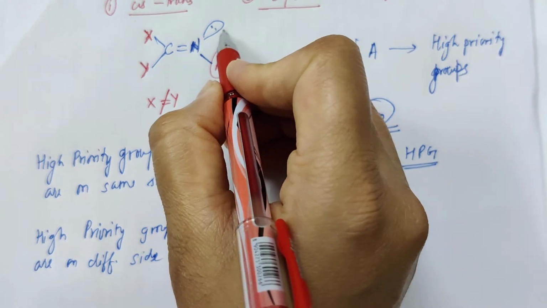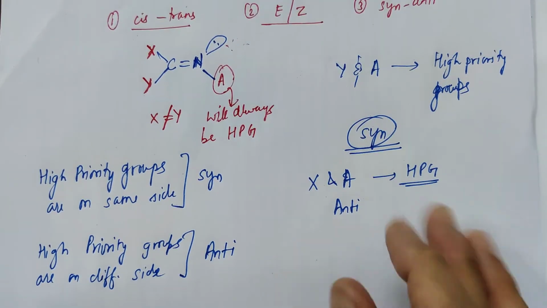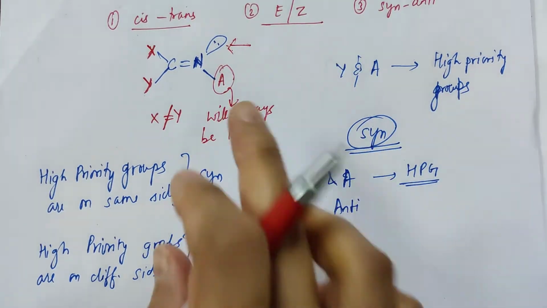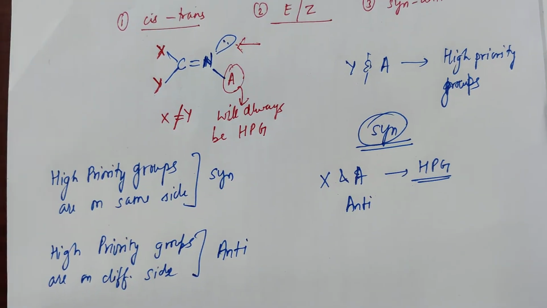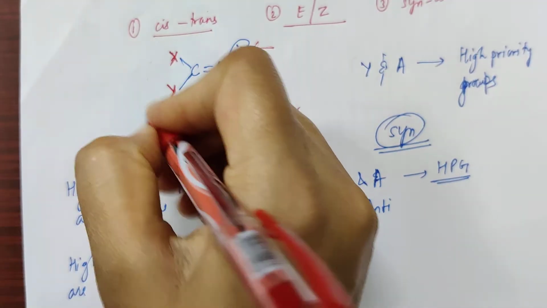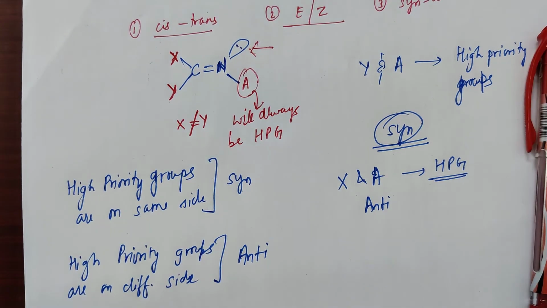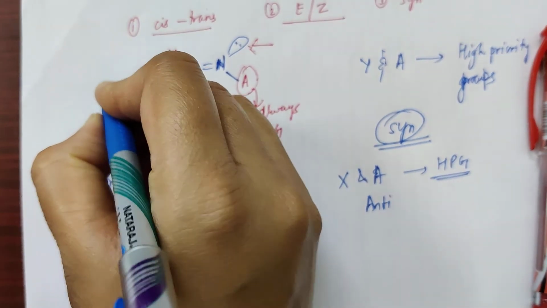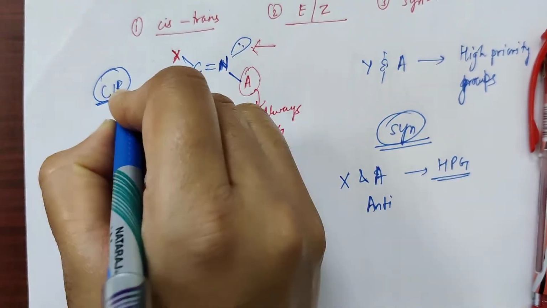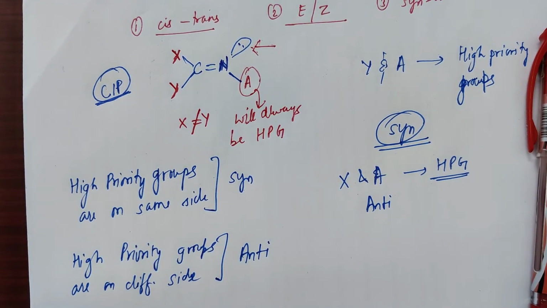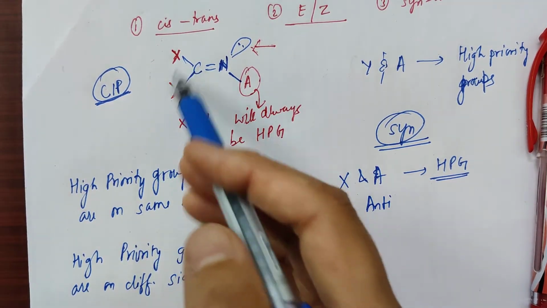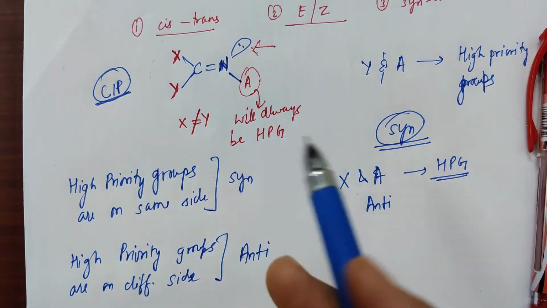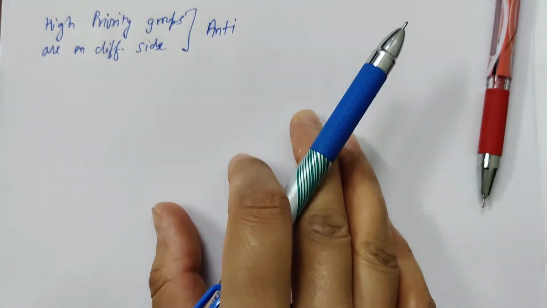The lone pair will always have lesser priority. Now for X and Y, you will follow the priority rules used in the CIP rules. Whichever group has priority, based on that you can assign the Syn and Anti.